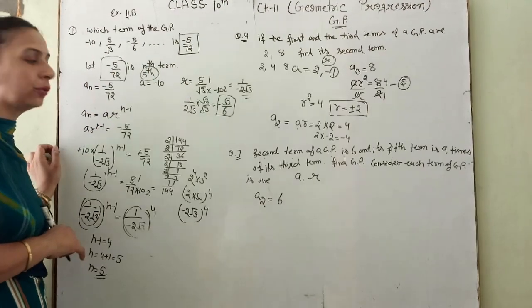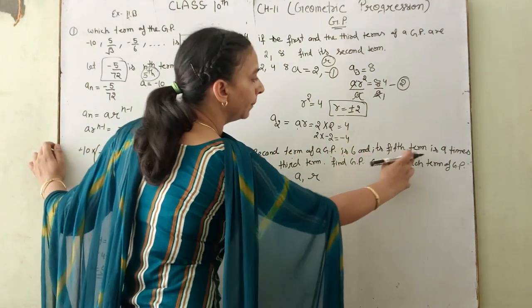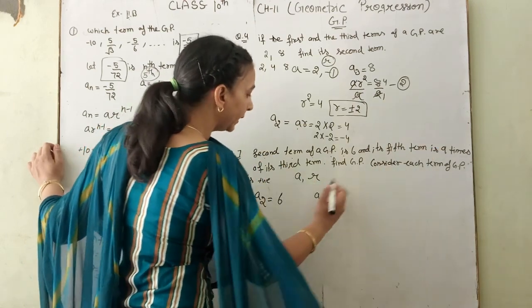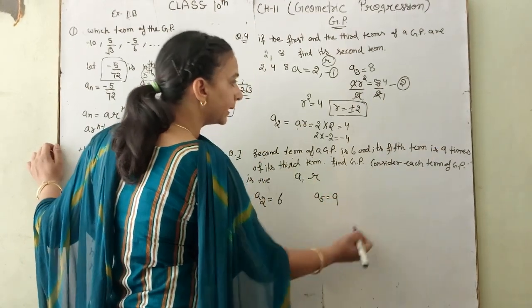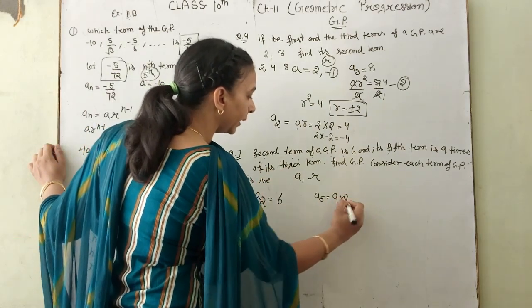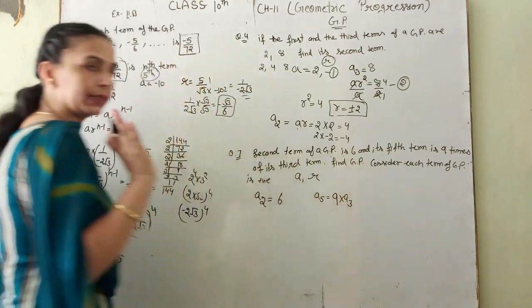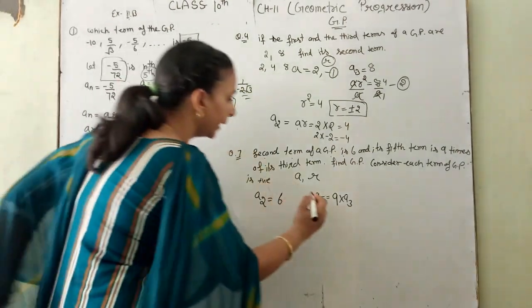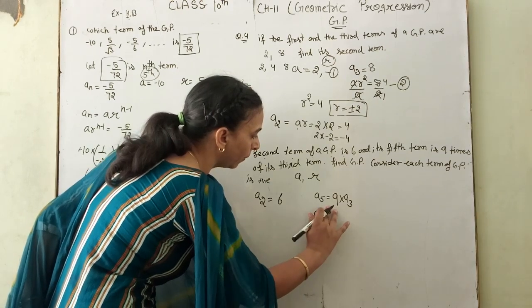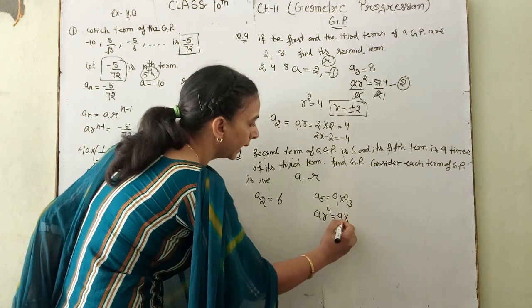Okay, then according to the condition, the second term is 6 and the fifth term, A5, is 9 times its third term, A3. What is the fifth term? The fifth term is ar raised to the power 4, equal to 9 multiplied by A3.